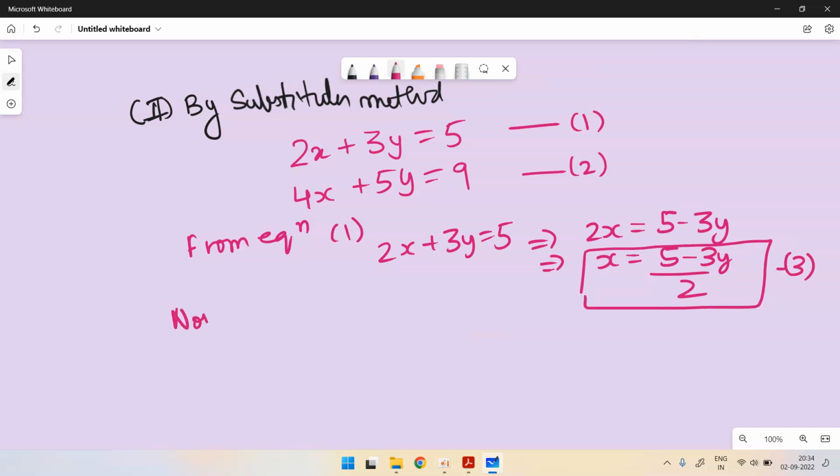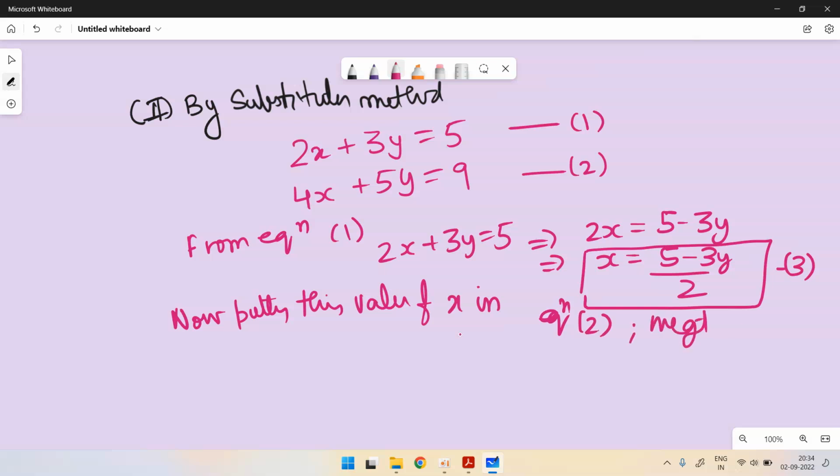Now, putting this value of x in equation number 2, we get, what you get is, this is 4.